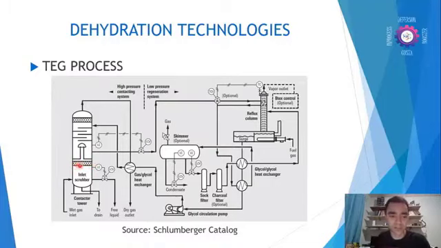drops of liquid going to the absorber. The gas goes from the bottom to the top of the absorber, and the glycol, or the TEG, goes from the top to the bottom, and with this contact between them, the glycol removes the water and it goes to regeneration. Here we are operating at the operating pressure, and the higher the operating pressure, the better for the absorbent because it gets more efficiency.